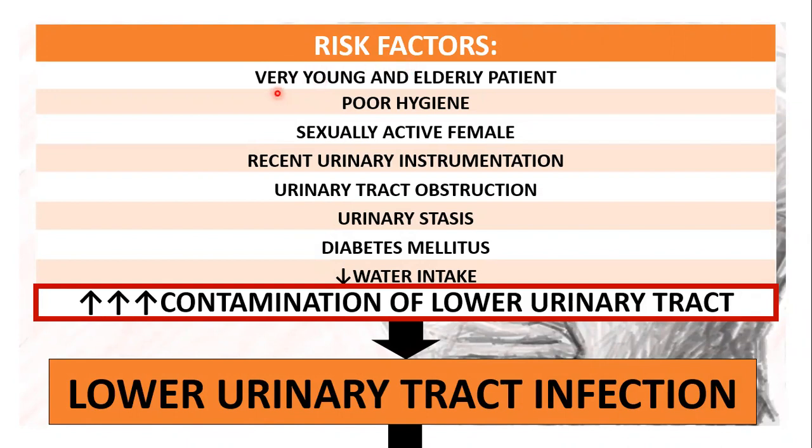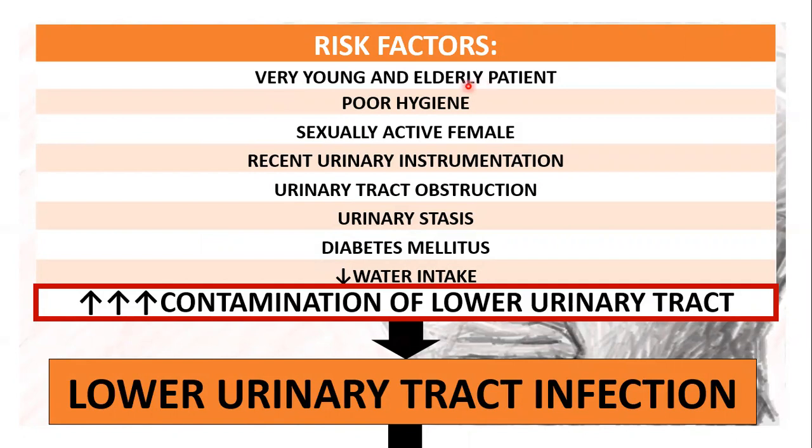The very young are predisposed to having it because, according to recent studies, UTI is the most common cause of fever among young patients. And as for the elderly patients, their bladder could have more reflux from the aging of their body.